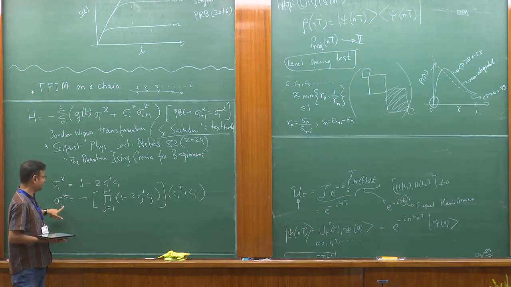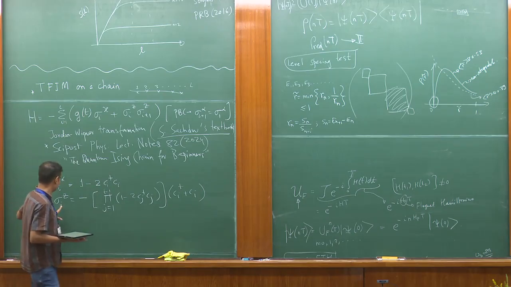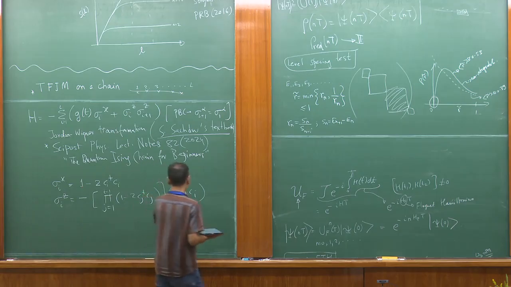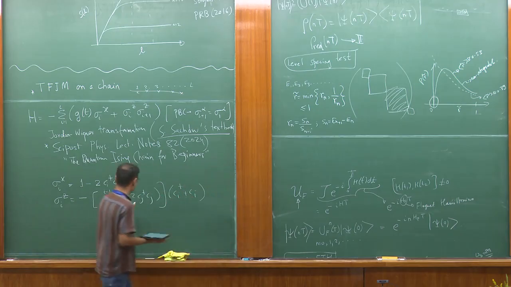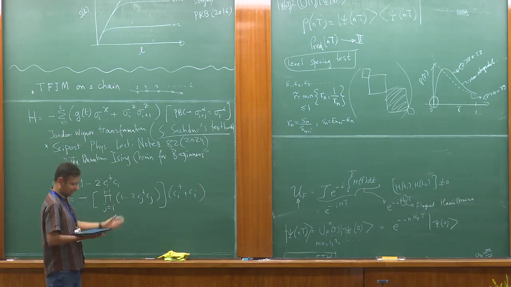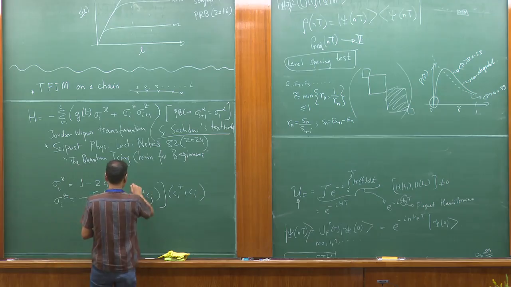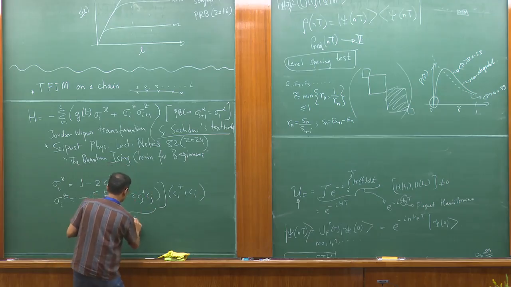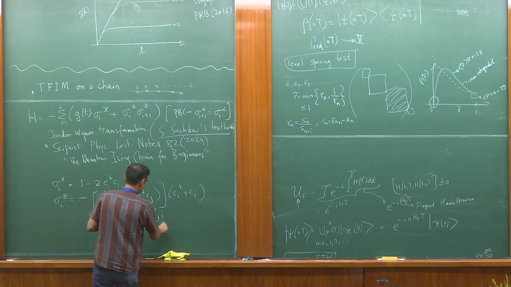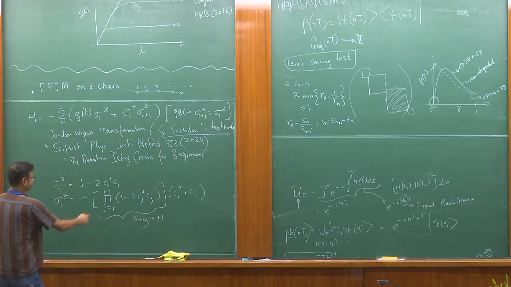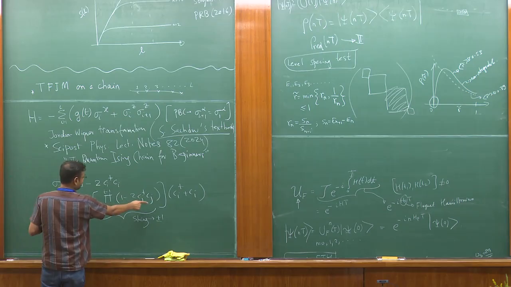But this is a slightly more non-trivial thing, because not only do you see what is happening to C_i dagger and C_i at site i, there is this interesting product multiplying it. Sometimes people call it the string multiplying this thing. And by the way, this string can have only eigenvalues +1 or -1, because the fermion number can only be 0 or 1.